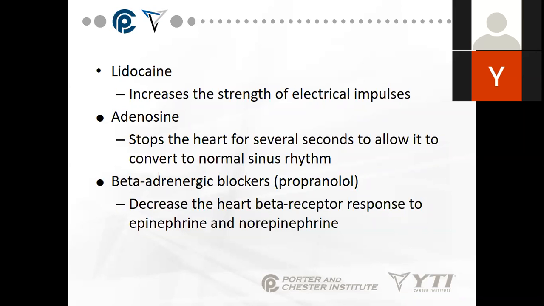And again, for all these drugs, you look at the assessment when the patient is coming in, getting the patient's history. You're checking the patient's heart rate with a regular stethoscope, not by radial pulse, because you want to make sure that you're checking the heart rate correctly, getting the proper number.